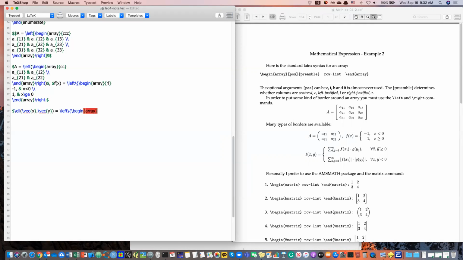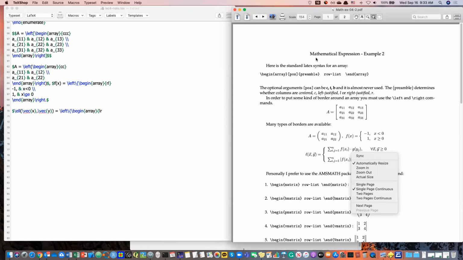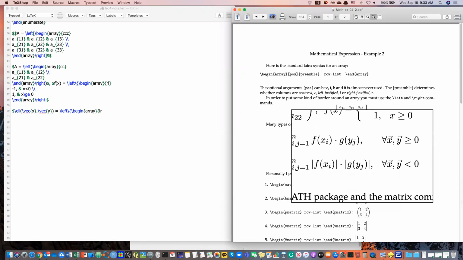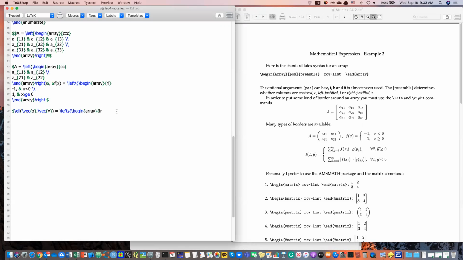And then it should be, I think, L R. Yes, right. Because look at this, look at the sigma, the summation. Those two sigma symbols are aligned, right? But look at the comma on the right-hand side here. The comma is not aligned, right? So it should be left justified.